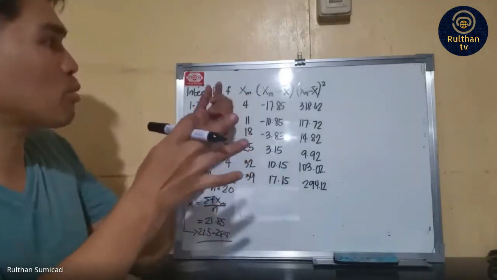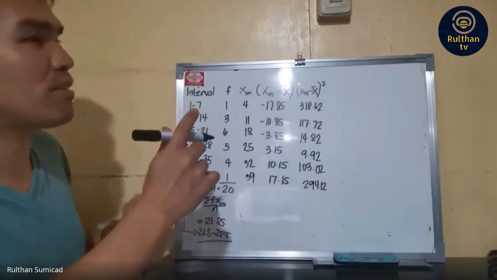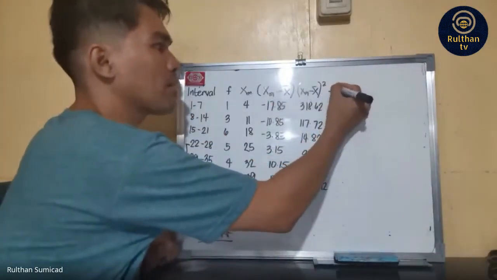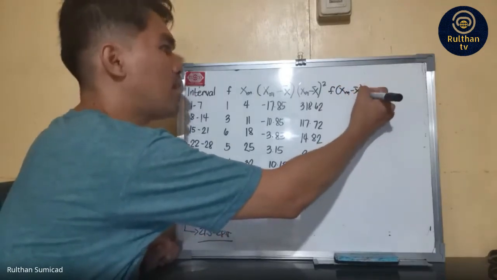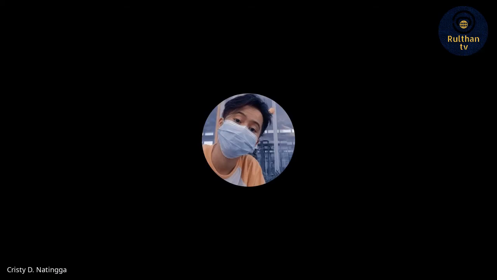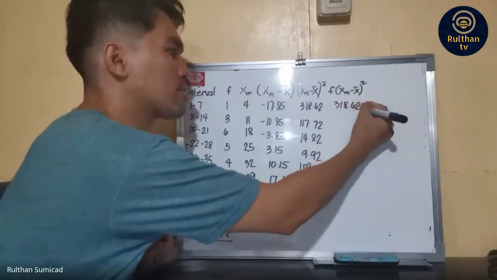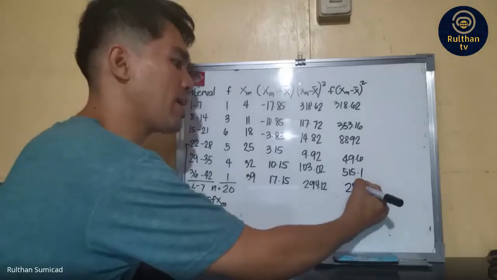Next column that we need is we multiply the frequency and the square deviation of each score or each midpoint away from the mean. So we have f times x sub m minus x bar, raised to 2. 318.62, next. 353.16. 88.92. 49.6. 515.1. 294.12.